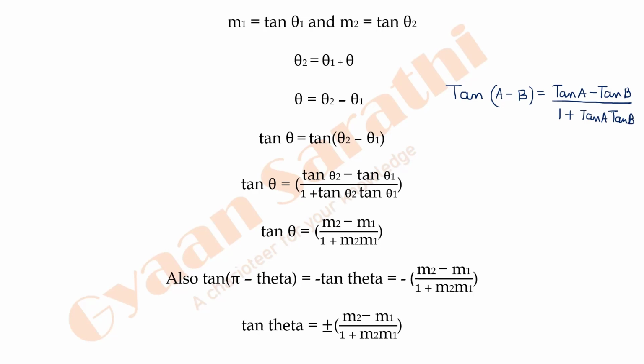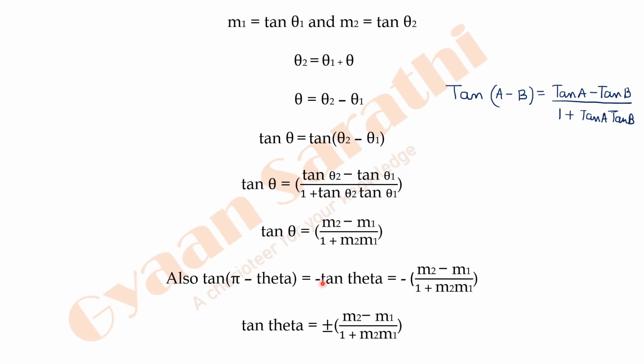So I have written tan of theta 2 minus theta 1 as tan theta 2 minus tan theta 1 upon 1 plus tan theta 2 into tan theta 1. So tan theta is equal to, tan theta 2 is m2 and tan theta 1 is m1, so m2 minus m1 upon 1 plus m1 m2.